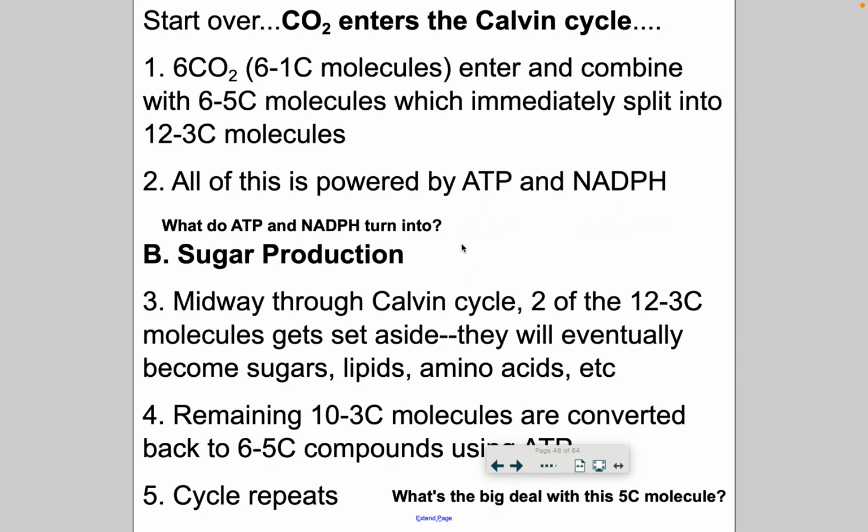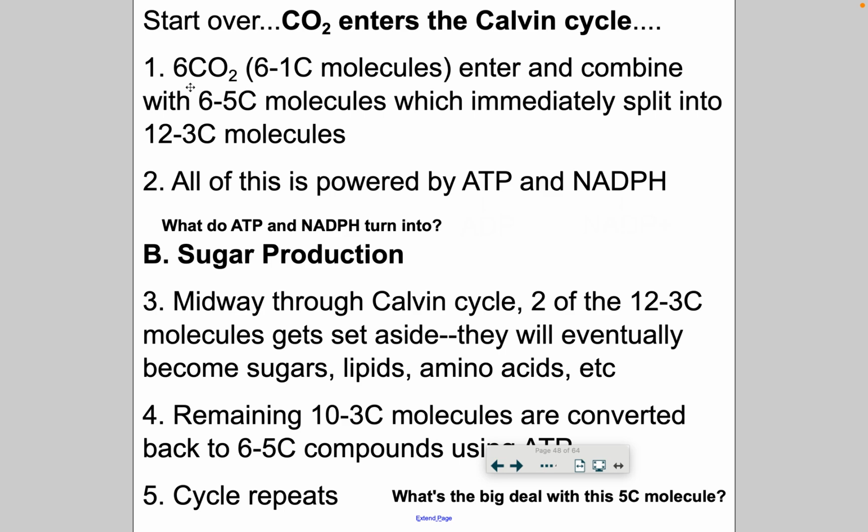So let's start over. CO2 enters the Kelvin cycle. 6 CO2 molecules, 6 1-carbon molecules, enter and combine with 6 5-carbon molecules, which immediately split into our 12 3-carbon molecules.